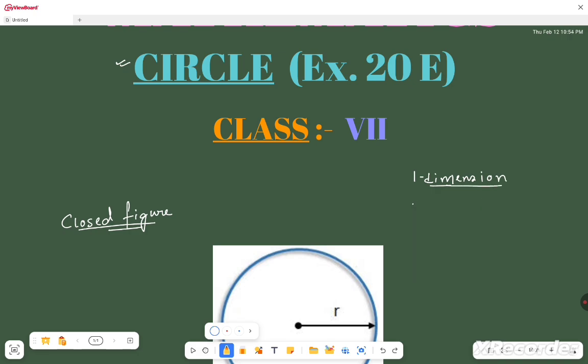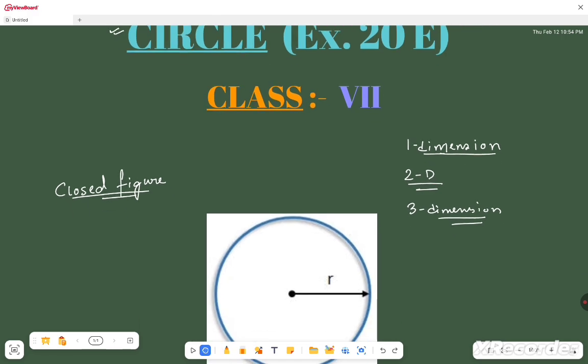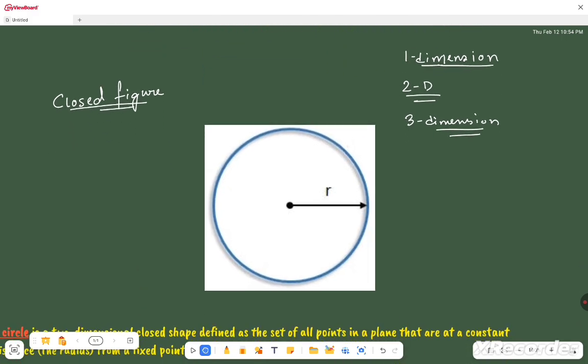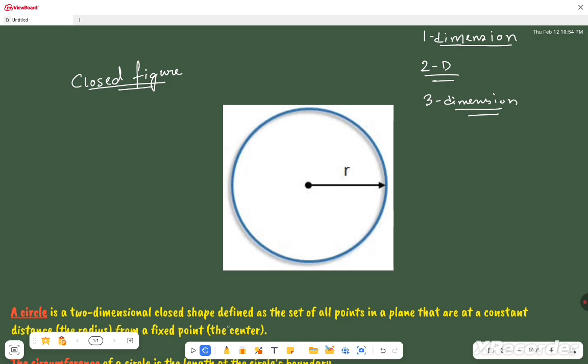That means only length is there. We have two dimensional figures, where length and breadth both are there, like rectangle, square. We have three-dimensional figures, that is sphere, cube, cuboid. All these are three-dimensional figures. Now this circle is a two-dimensional figure.